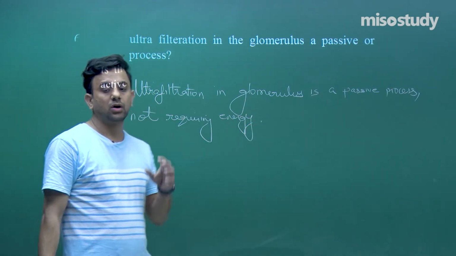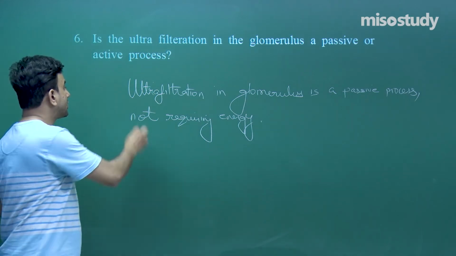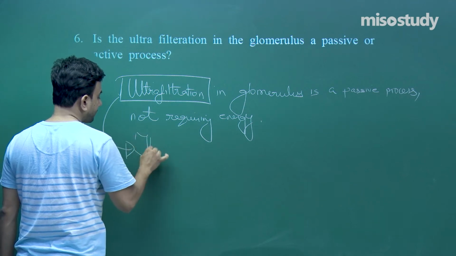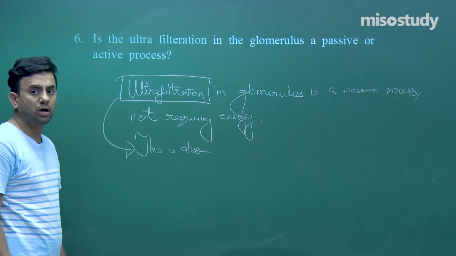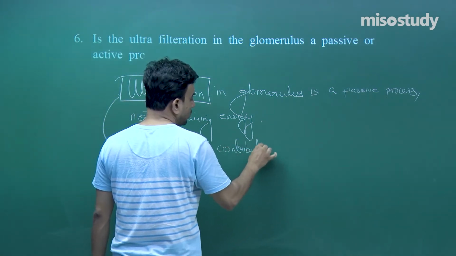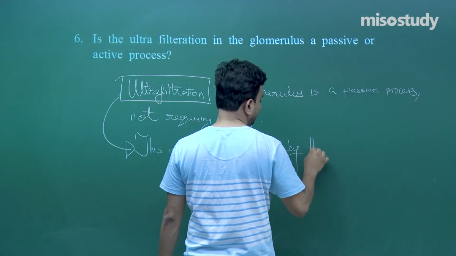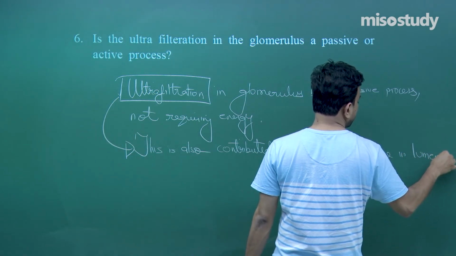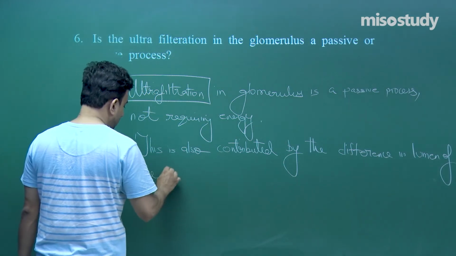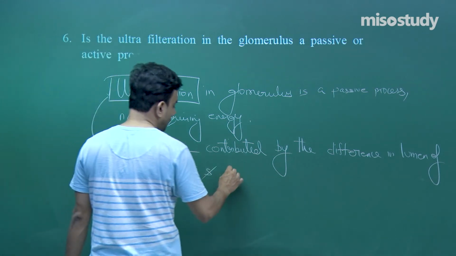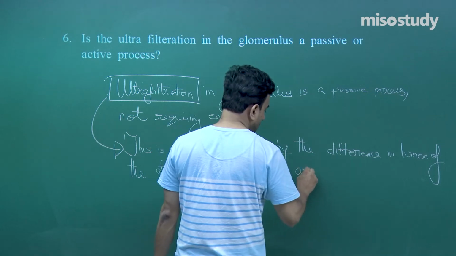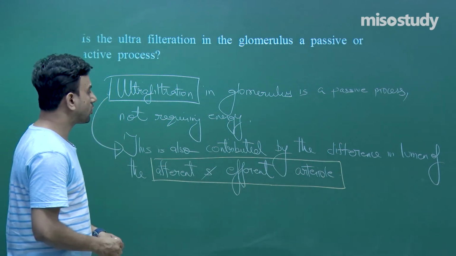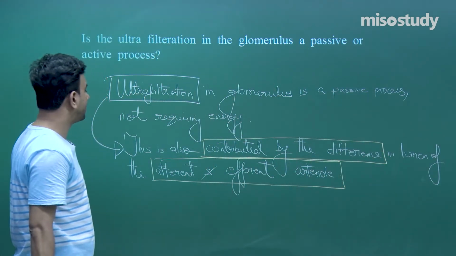This is due to the difference in pressure, and the ultrafiltration is also mainly contributed by the difference in the lumen of the afferent and the efferent arteriole.